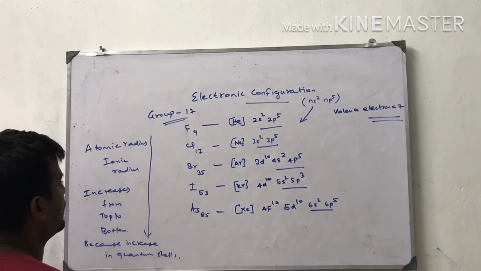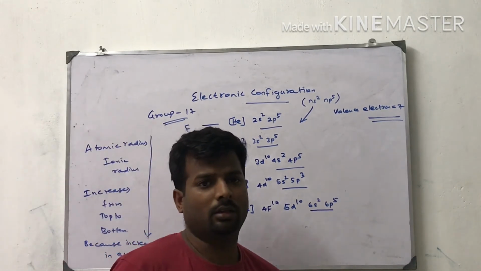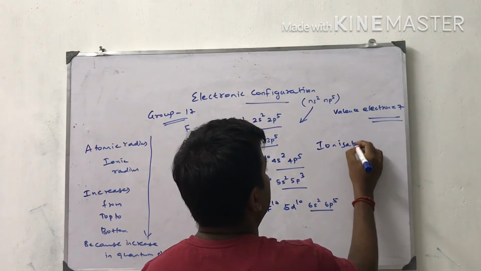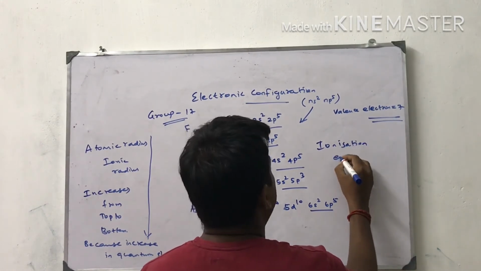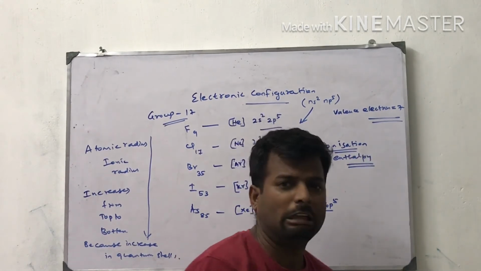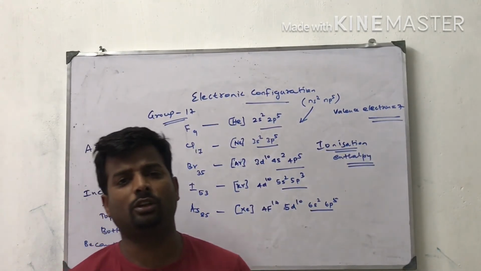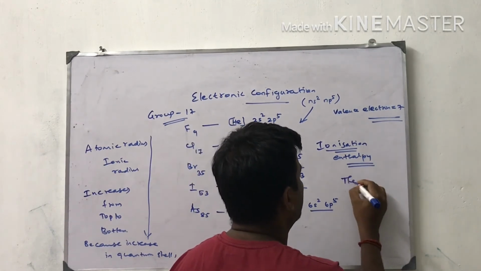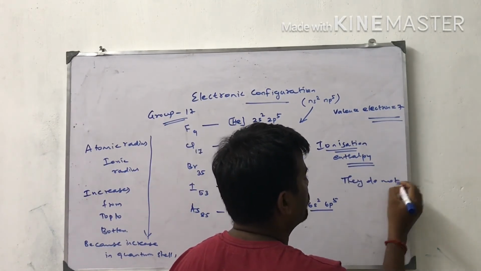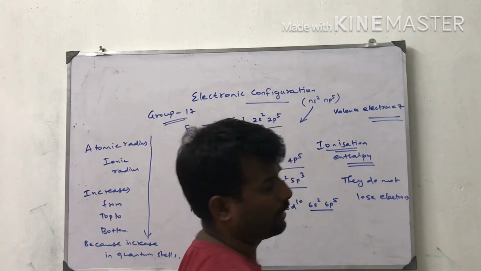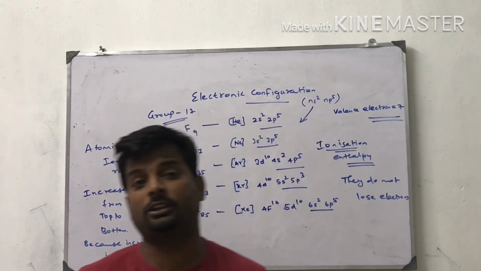Next topic is ionization enthalpy. These are highly electronegative elements, so they do not lose electrons. They have the tendency of accepting electrons.